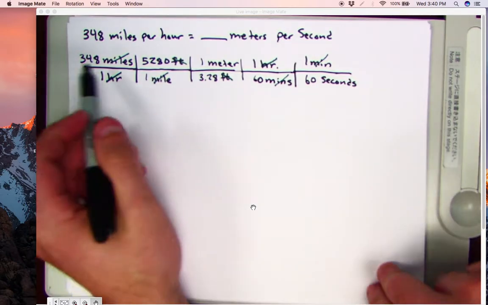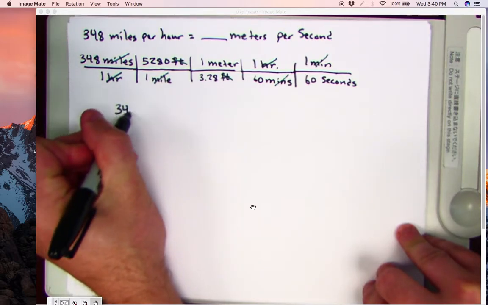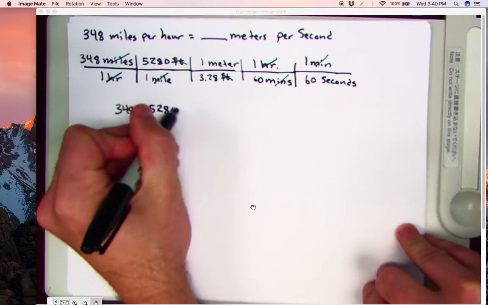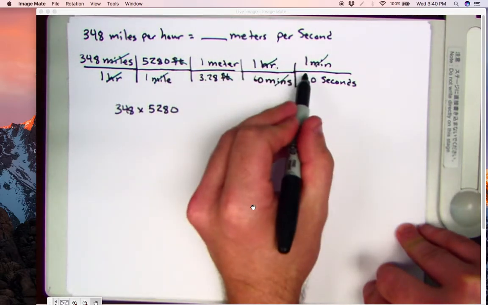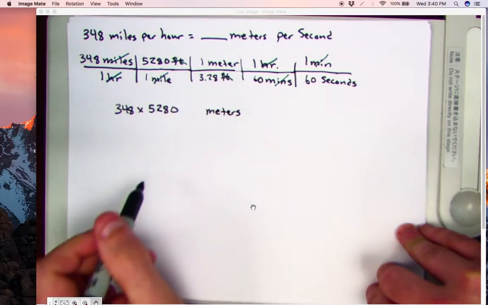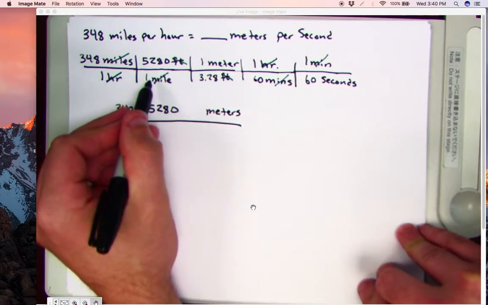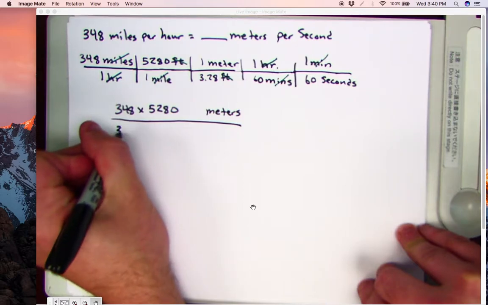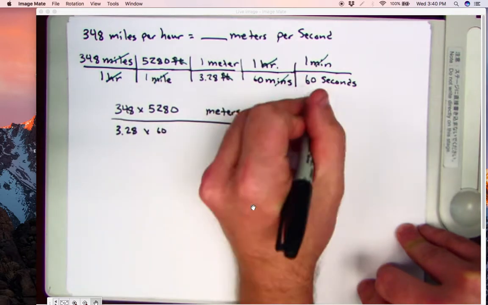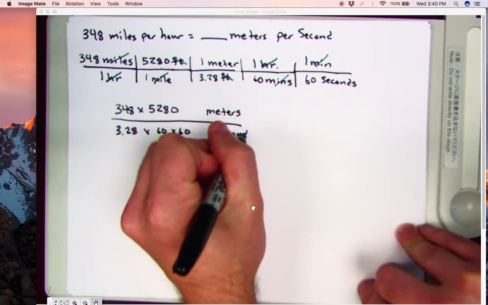To write out the numbers on the top, we have 348 times 5,280, and all the other ones are 1, leaving just the meter unit on the top. On the bottom, 1 times 1 times 3.28 times 60 times 60 again, and that unit on the bottom is seconds.